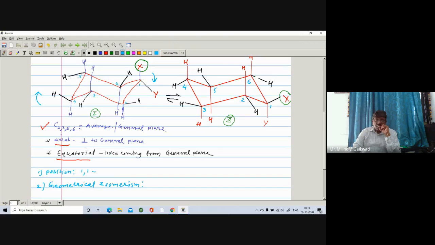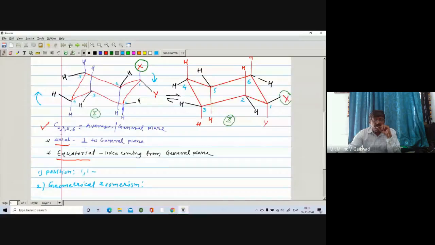If the two similar groups are on the same side of the carbon-carbon double bond, they are called cis, and when they are on the opposite side, it is called trans. So cis and trans isomers are present in alkenes, which contain a carbon-carbon double bond. But in this case there is an absence of the carbon-carbon double bond. So we have to check whether the two groups are on the same side of the average plane or on the opposite side.